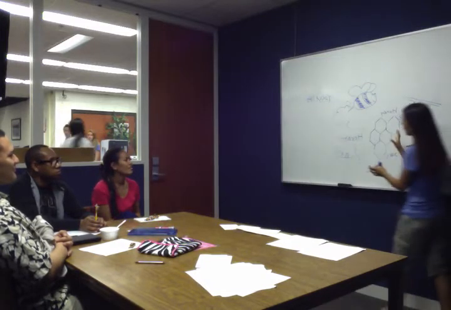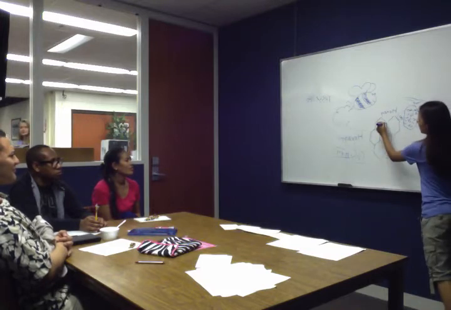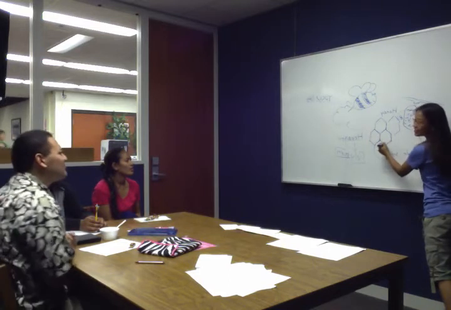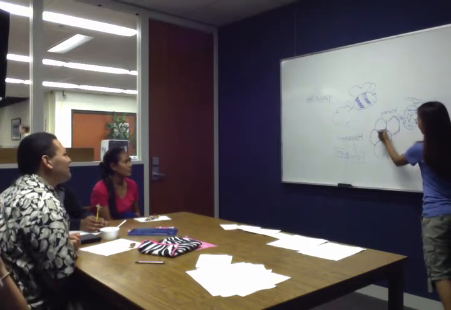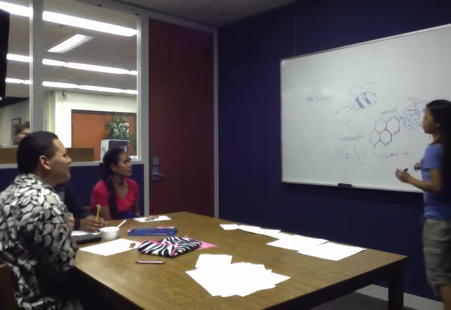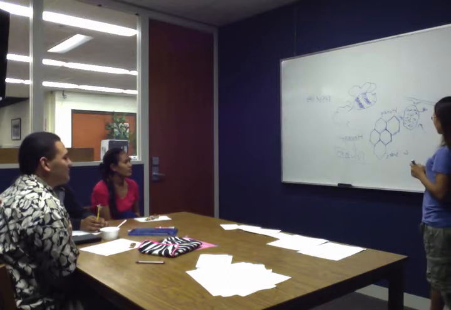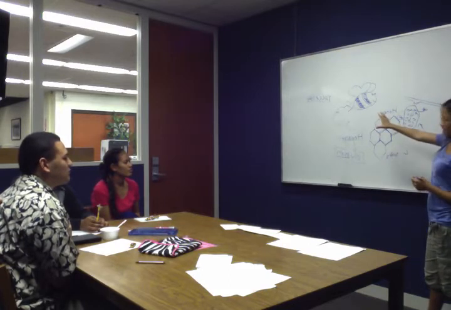Tessellate is when you put all these polygon shapes together and there's no space in between. Do you see that all the sides fit together nicely? Like a puzzle, exactly. It all fits side by side. Today we're going to do some activities on how to put these shapes together and make them tessellate.